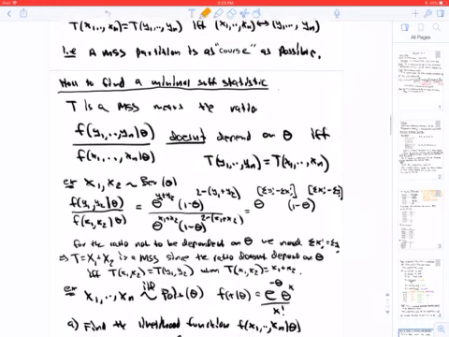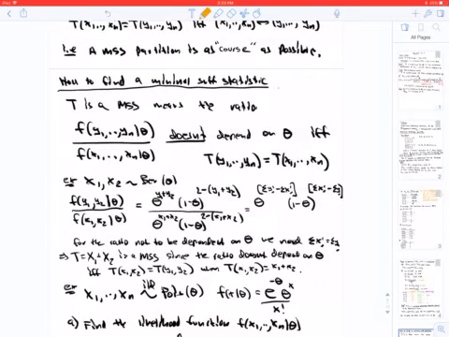So how to find a minimal sufficient statistic? Here's a recipe. Take two samples from the same distribution, your random variable, whatever it is you're looking at. So y1 to yn is one sample, x1 to xn is another sample.